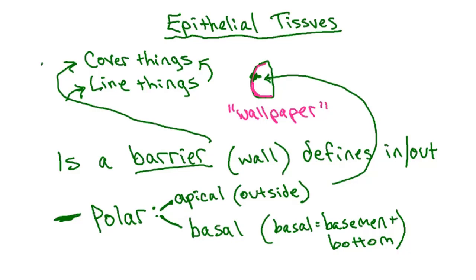That's what they mean by polar. And the basal is the side that's anchored to connective tissue, which we haven't gotten into yet. So don't be confused. We'll talk about connective tissue next, but just know that the basement, or underside, is anchored to the connective tissue.